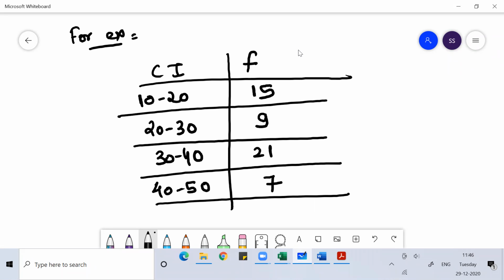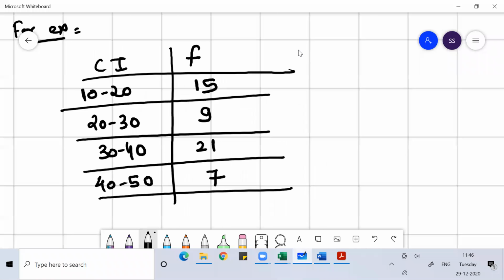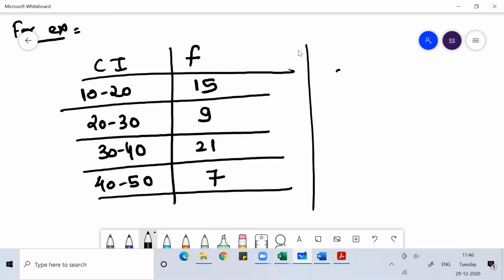Now suppose this is the question: you have to calculate the median for this data. When you get a class interval with frequency, you have to calculate the median for it.